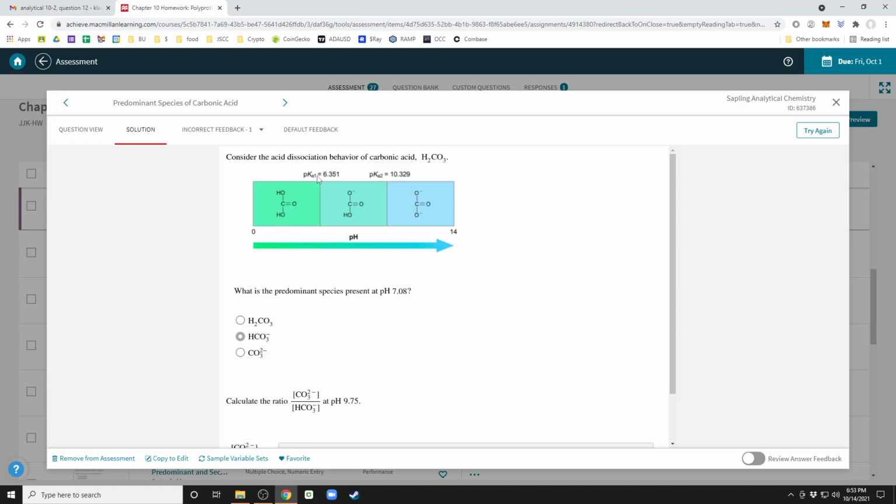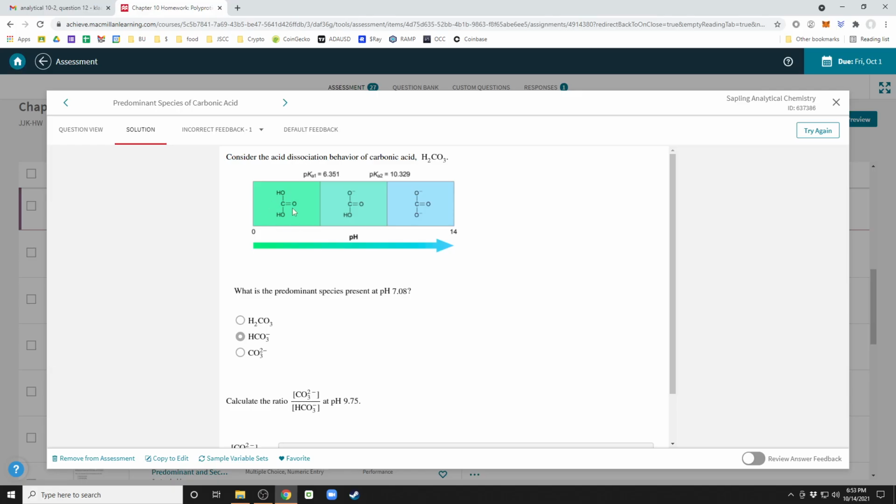Now, if you're close to this pKa, you'd be in the middle, that buffer region, between the two, where they're equal concentrations. If you're closer to this one, you're going to have mostly this still, but you're going to have more of this.